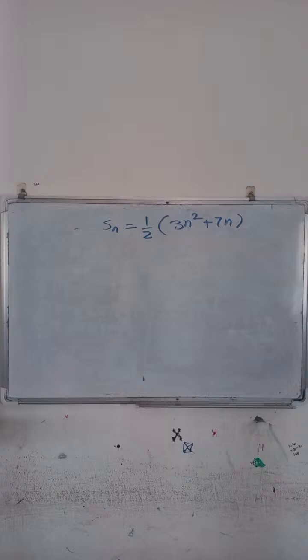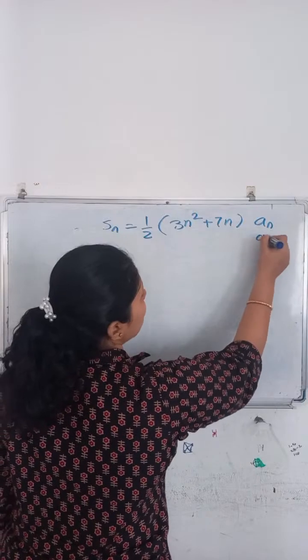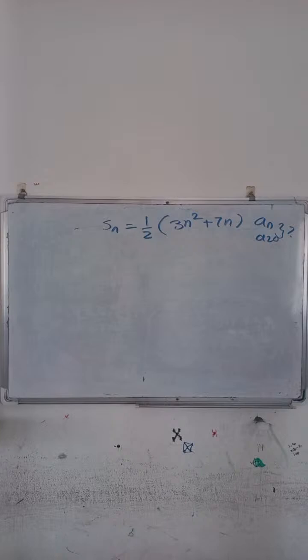Then they are asking to find the nth term, and hence write the 28th term. That means we have to find the nth term as well as the 28th term. Can you get the question? What is given and what we have to calculate? So here you can calculate S1.